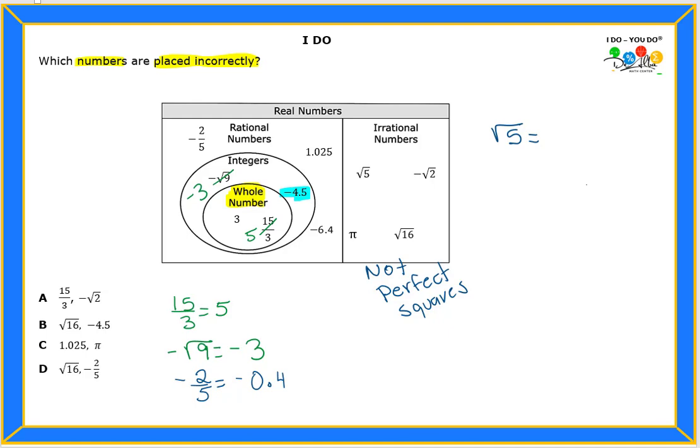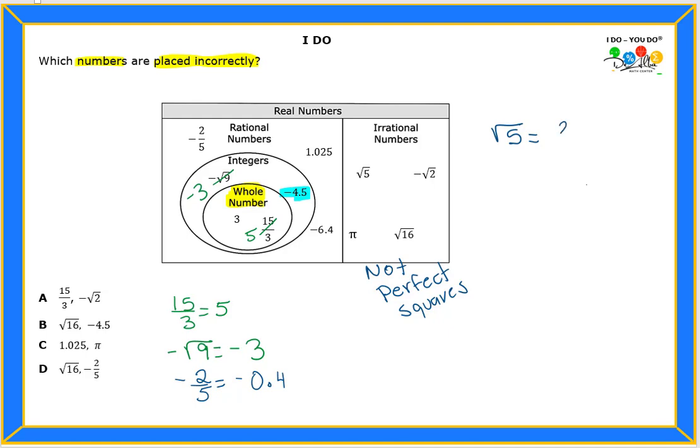If you really want to get the answer for that, my answer will be an approximation, like 2.233 and so on and so forth, right? So I know that that's not a perfect square. Even without using a calculator, I know that's not a perfect square because there's no number that can be multiplied by itself that will give you a 5. Think about it.